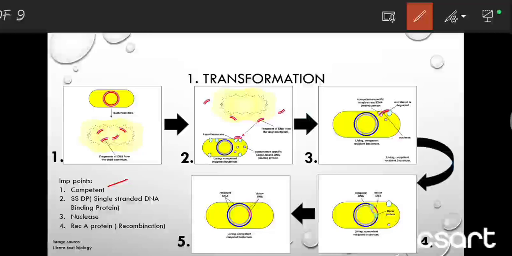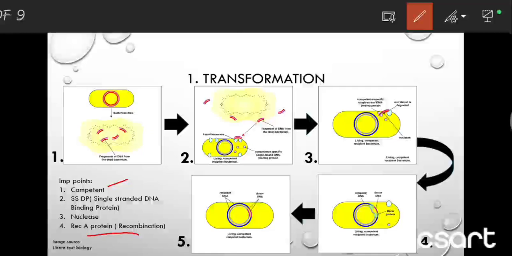Nuclease enzyme is used for the digestion of donor DNA. And fourth one is the RecA protein. Here the recombination process occurs because we have to join donor DNA and recipient DNA so that a new plasmid will be generated. That's why the RecA protein, the recombination A protein, helps in the recombination.